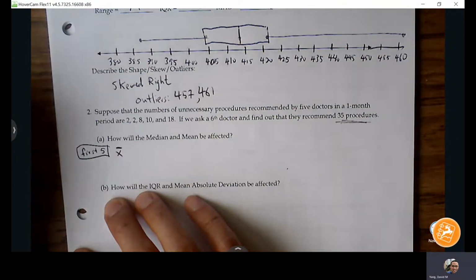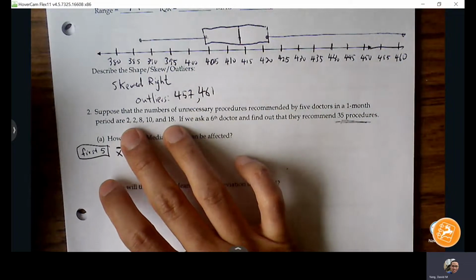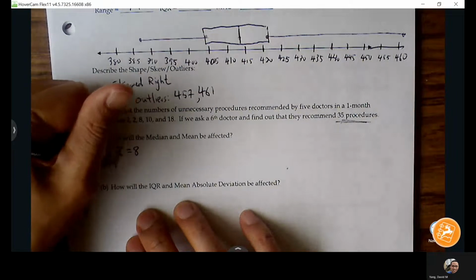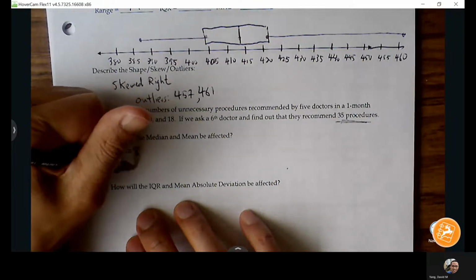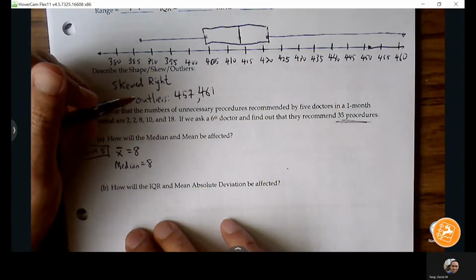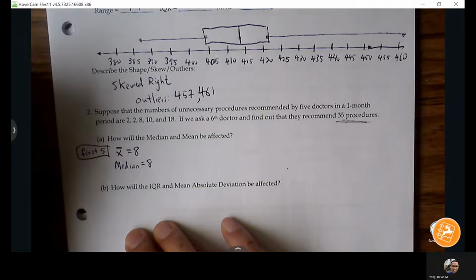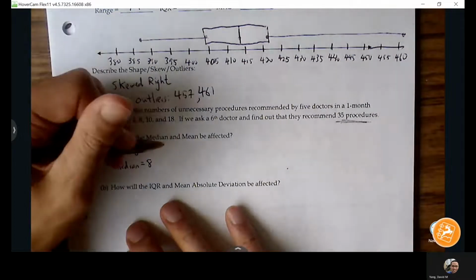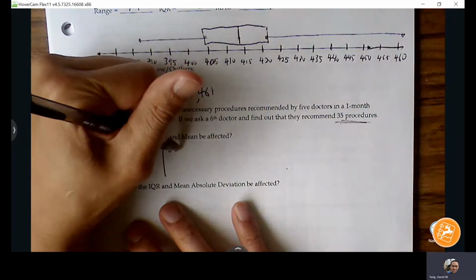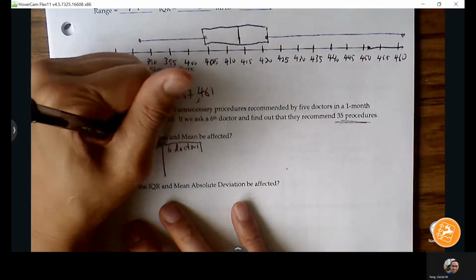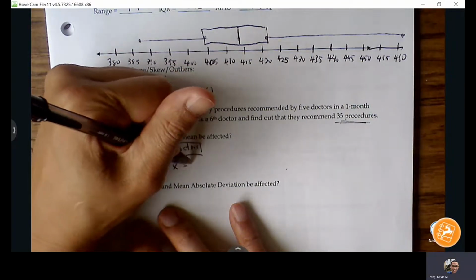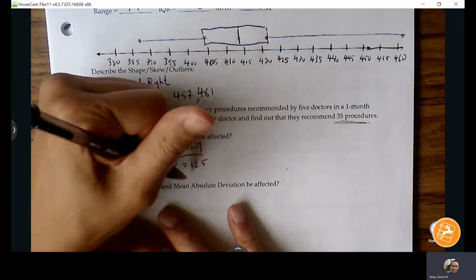Okay, just to save some time here, X bar is the mean. If I add up these 5 numbers divided by 5, and then for the 6 doctors, the mean is going to shoot up to 12.5.